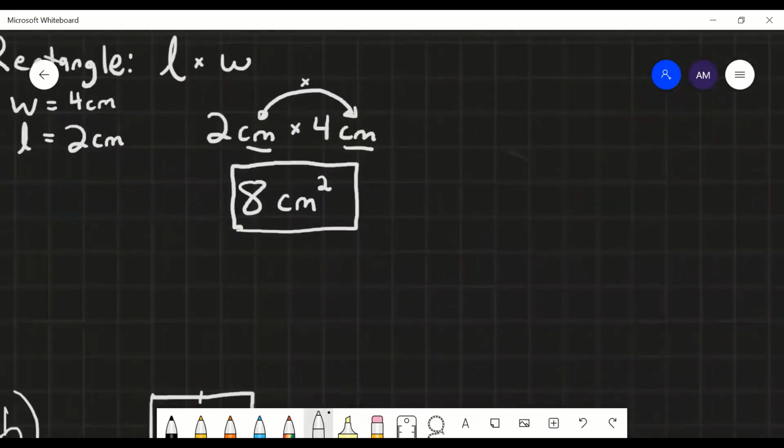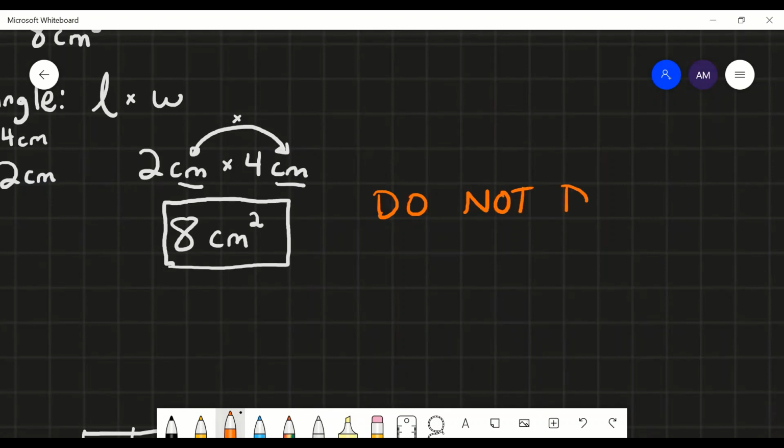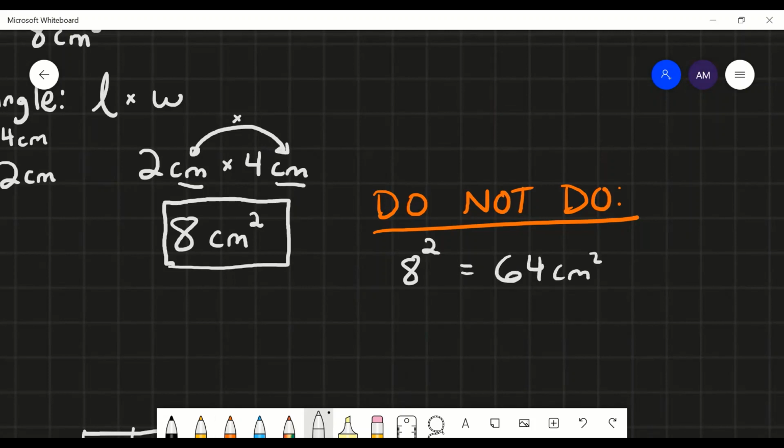Now, here is a common mistake that I see people making. Please do not make this mistake. If you see a square here, some people think that they have to now square the 8 to get 64 centimeters squared or something like that.